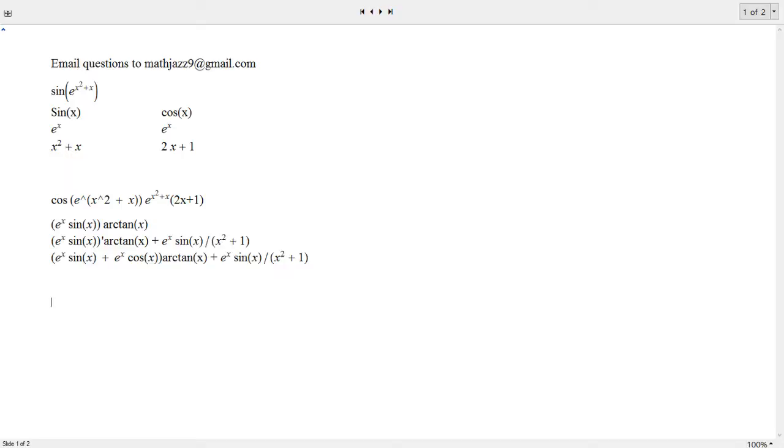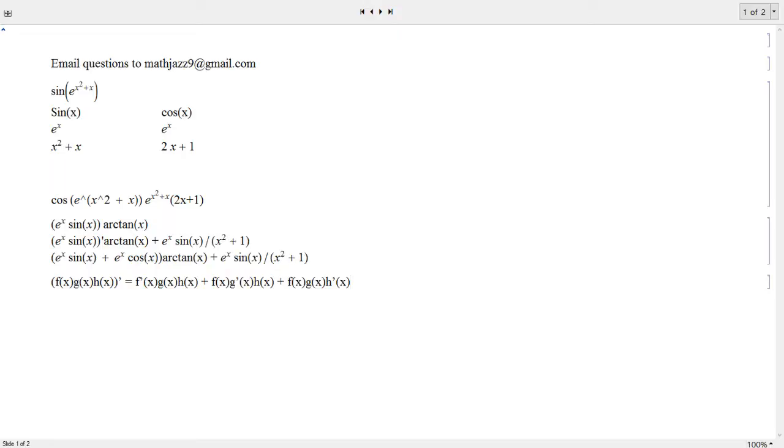Turns out that if we have three functions, f of x times g of x times h of x, and we want to take the derivative of this thing, the derivative is going to equal f prime of x times g of x times h of x plus f of x times g prime of x times h of x plus f of x times g of x times h prime of x.